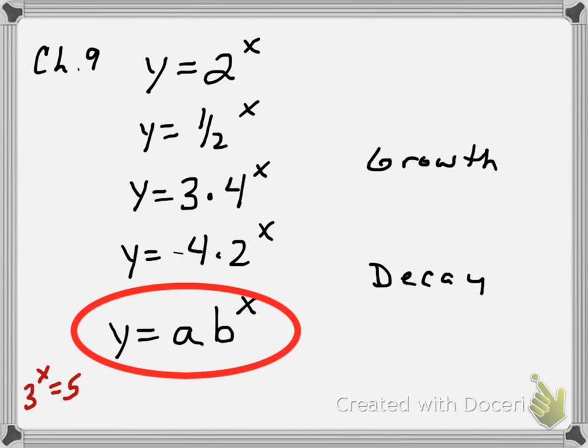First skill we have to learn is to be able to look at an exponential equation and tell whether it's a growth equation or a decay equation. And to do that, you look at b. It is a growth equation if b is bigger than 1.